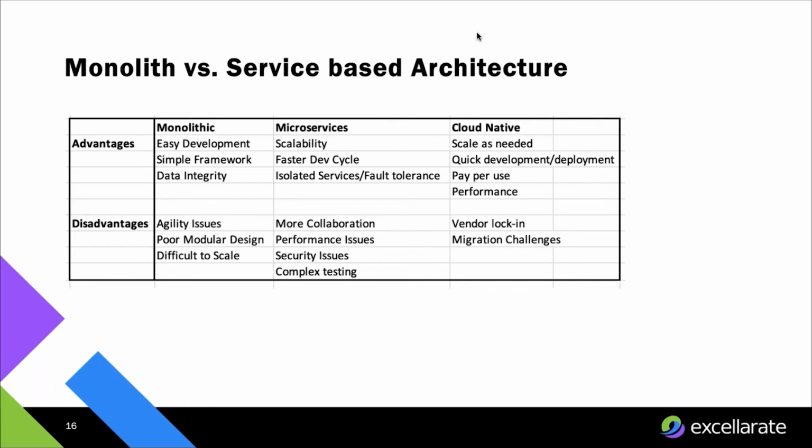Then there is cloud native, which is also a kind of microservices, but the good thing is that it scales as needed, with quick development, a quick deployment cycle, and pay per use. That's another thing, kind of cost effective in a way. If we really understand the architecture, we know how we need to use it. So that would be a good architecture.